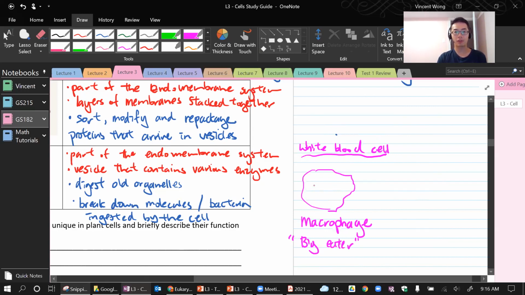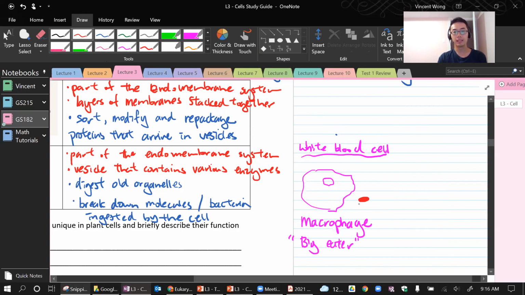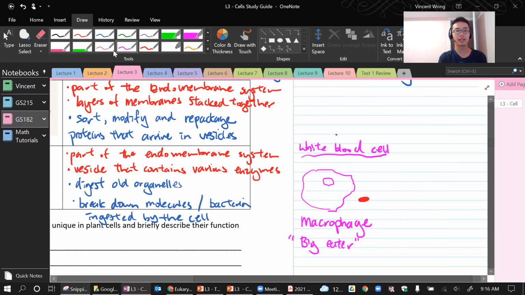So what does the macrophage do? The macrophage is like Pac-Man. If they see a bacteria, then it will eat it. Okay, so inside the macrophage, there will be a lot of lysosomes. Let me just draw one lysosome here. Lysosome. And this would be like the nucleus.